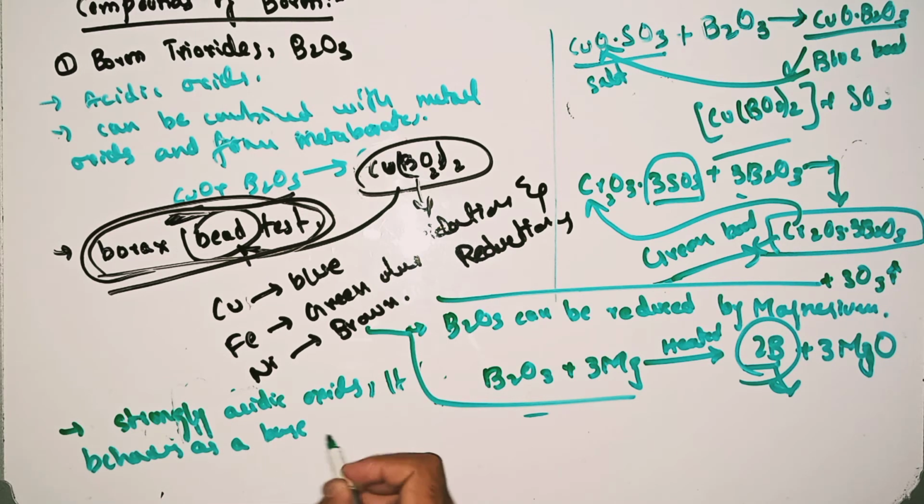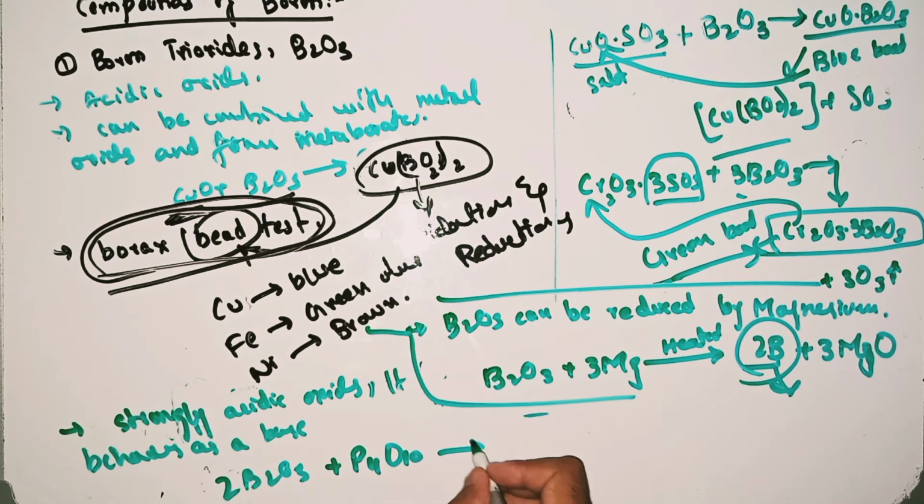For example, when 2B2O3 is added to P4O10, it will produce 4BPO4. There are 16 oxygens: 10 here and 3 times 2, which is 6. So there are 16 oxygens on the left side and on the right side, so the equation is balanced.